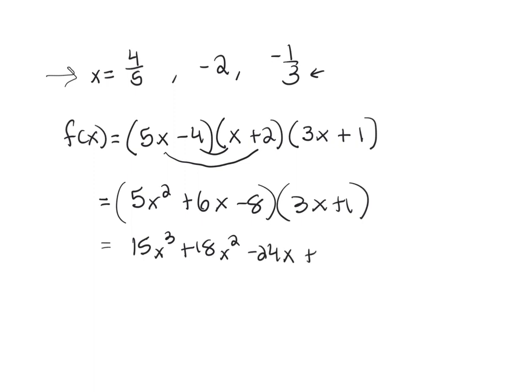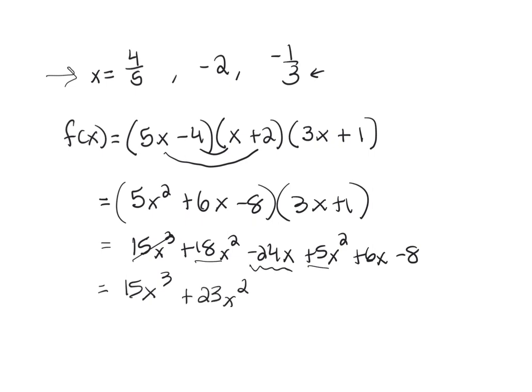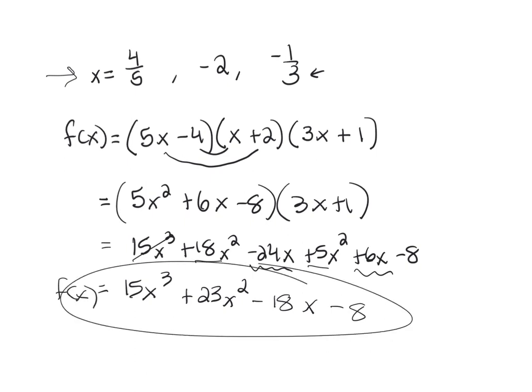Distribute the 1 plus 5x squared plus 6x minus 8. And now combine like terms. So 18 plus 5, 23x squared. -24 plus 6, -18x, and then minus 8. So here is a possible polynomial with those zeros.